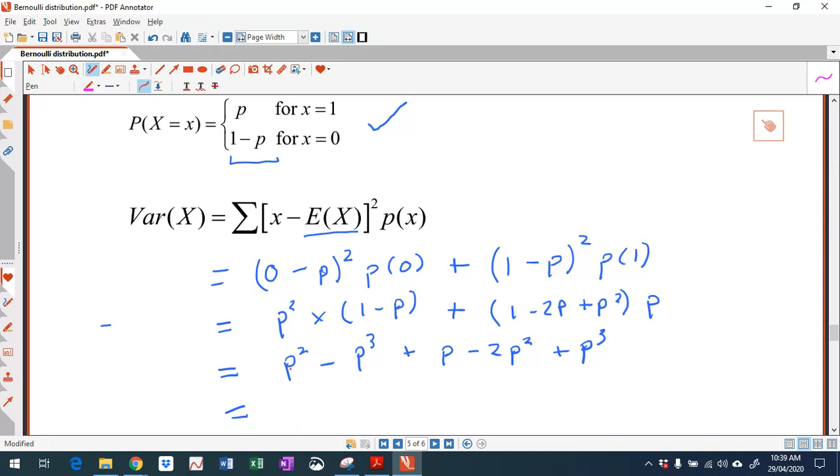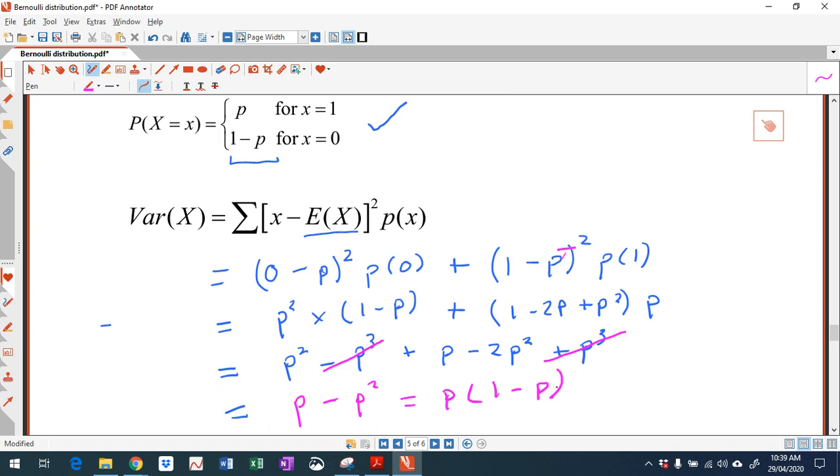We've got minus p cubed plus p cubed, they go. Then we've got p, and then p squared minus 2p squared is just minus p squared. And that's equal to p outside of 1 minus p.